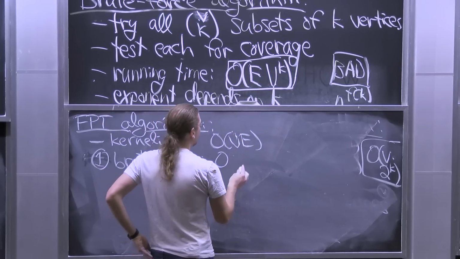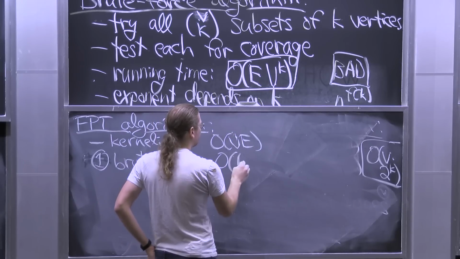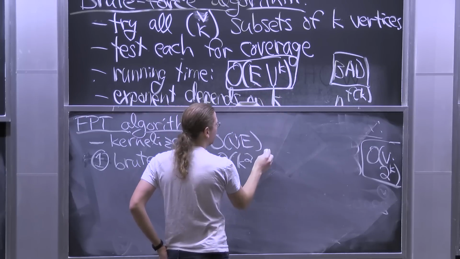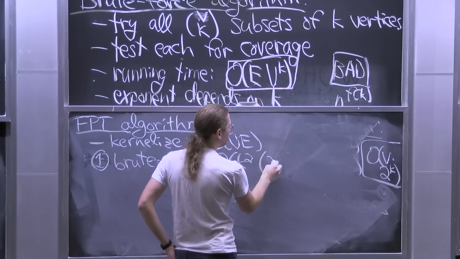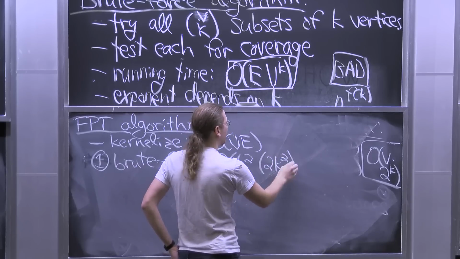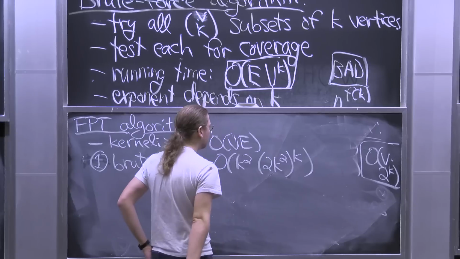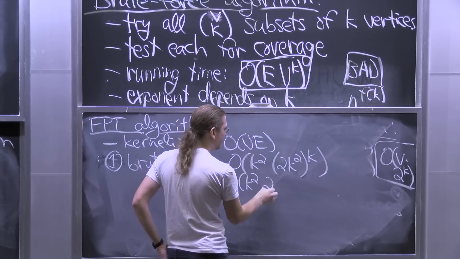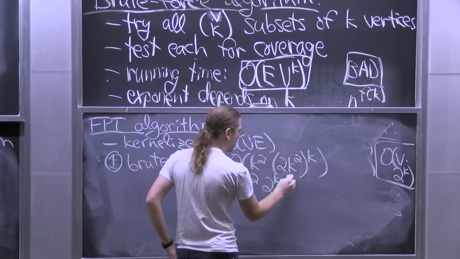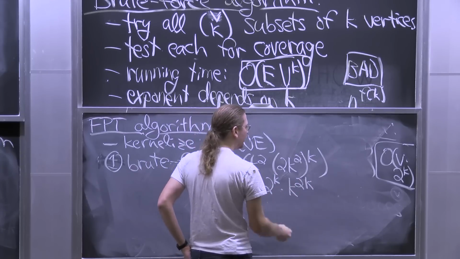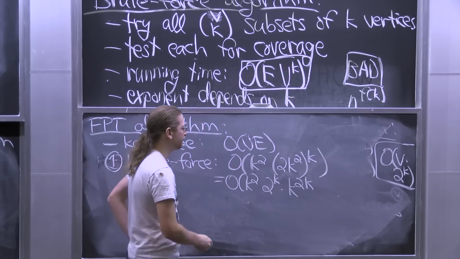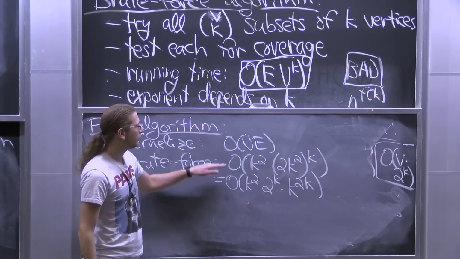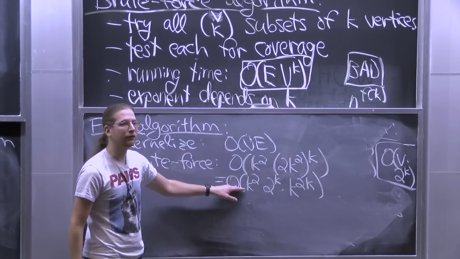So we get k squared for the E term, and then the V term is going to be 2 times k squared, and that's raised to the kth power. Simplify a little bit: this is like 2 to the k times k to the 2k. OK, it's k to the k squared.